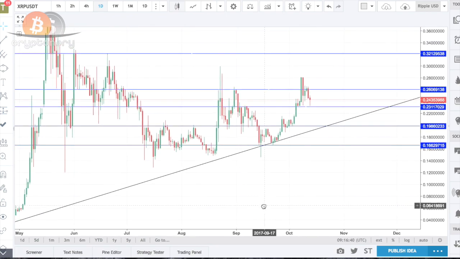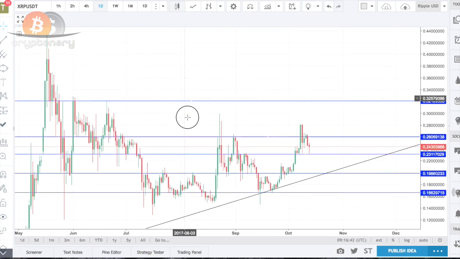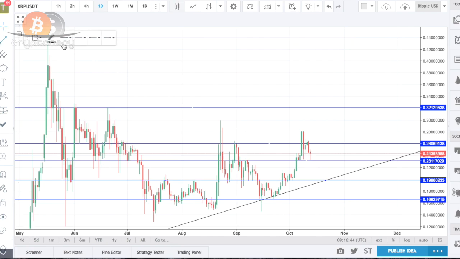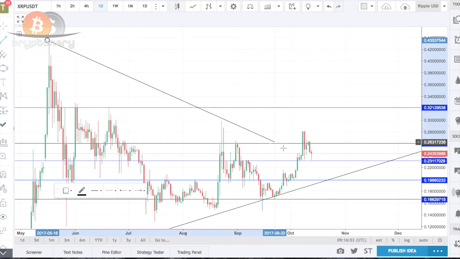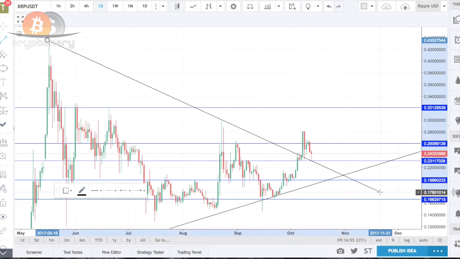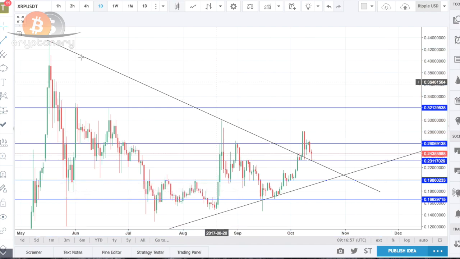Now, when it comes to counter trends, we have just broken one of the key counter trends, and this is essentially what's going to send XRP absolutely soaring to the $1 region. So if we set this here and we extend this all the way down, you will notice we perfectly broke out.